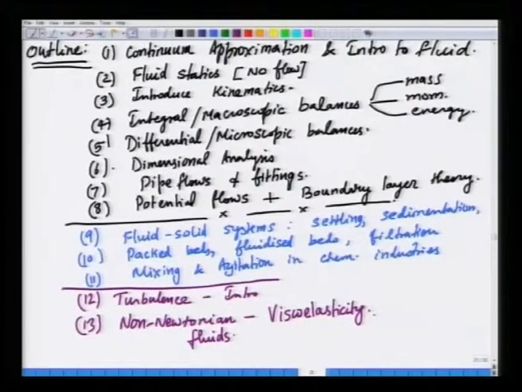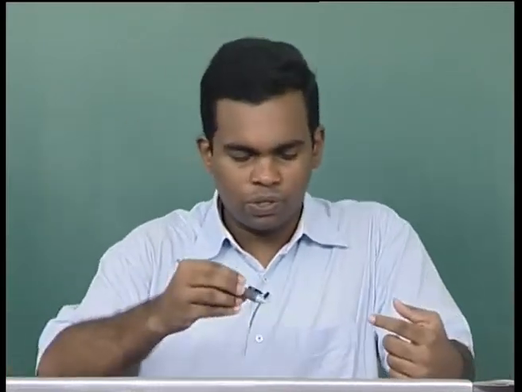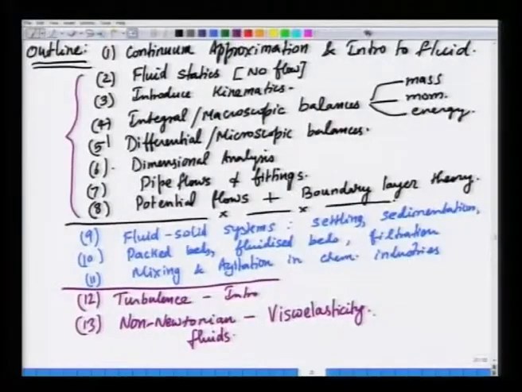So, this is the agenda for this course, and I have already told you the texts that are suggested for additional readings, although all this material will be inherently self contained. For the basic parts of this course, you can follow Fox and McDonald for additional reading, or White, Fluid Mechanics.